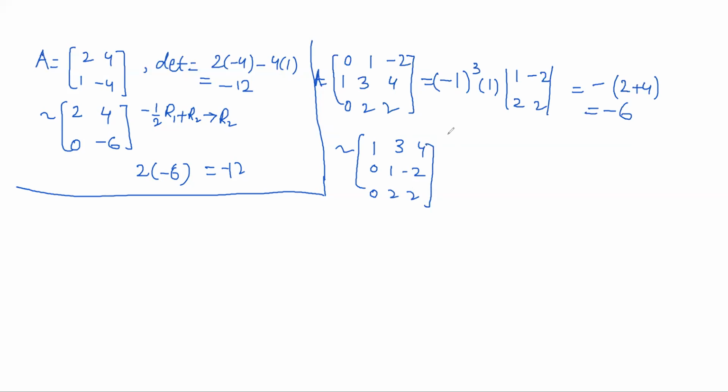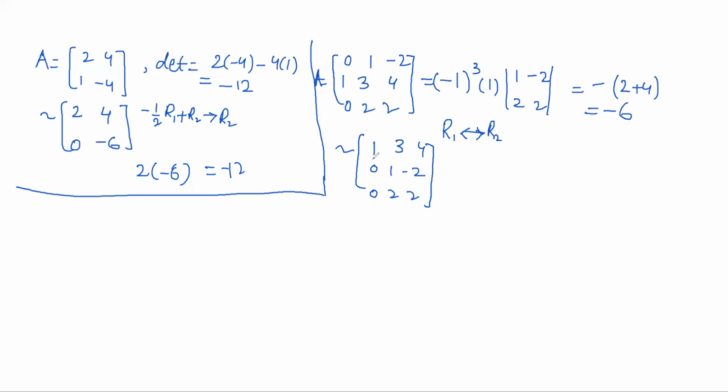The row operation we have performed is row 1 interchanged with row 2. But for the interchange of rows, we know that the sign of the determinant will change, from plus to minus, or from minus to plus.